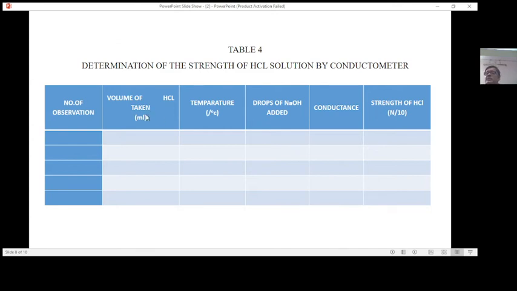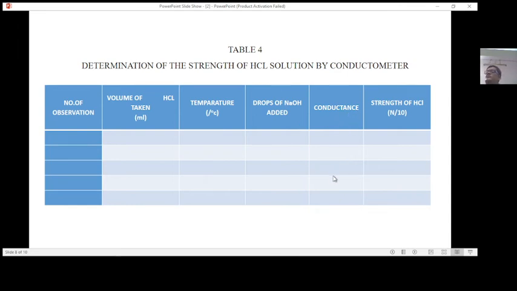You have to take 10 ml of HCl in a beaker and make it up to a certain level so that the conductometric electrode dips in the HCl. After adding 10 drops or 20 drops of NaOH each time you get the value.